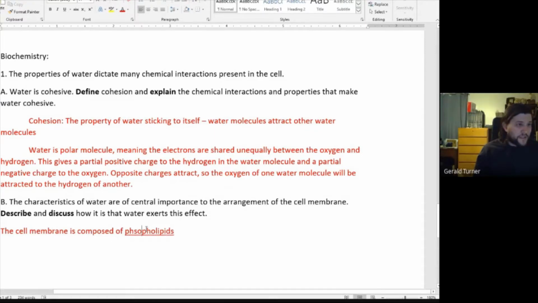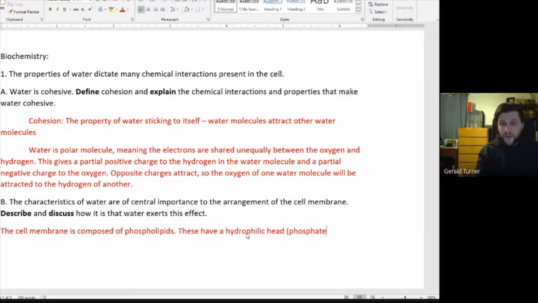And there we go, fix the typo. These have a hydrophilic head, and that is the phosphate group, and a hydrophobic tail. That's going to be the lipid part of that.